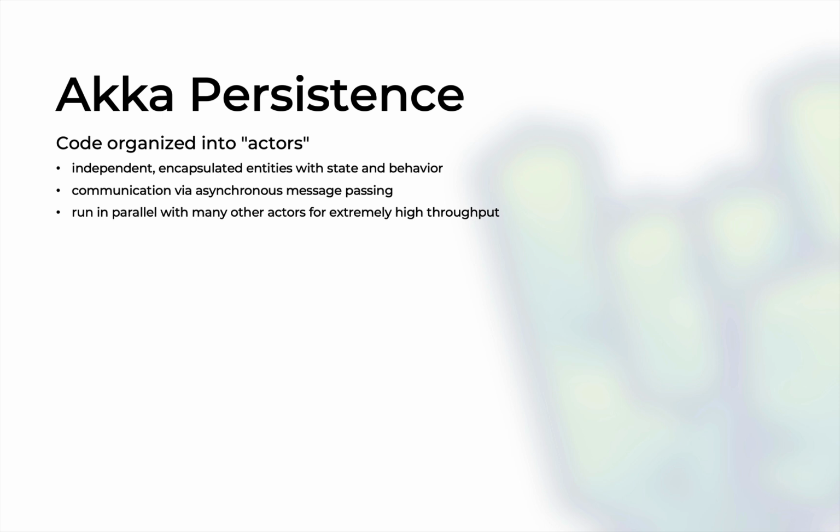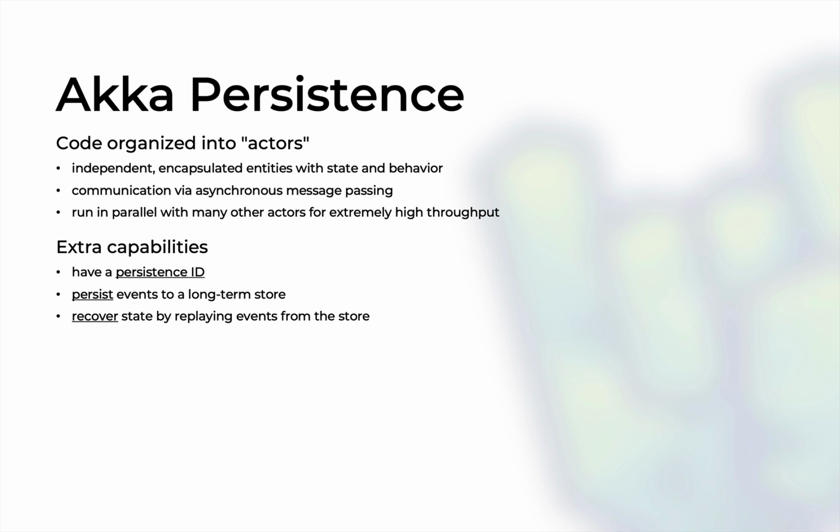Now, these are normal actors. We will use a special breed of actors called persistent actors, which come with extra capabilities. Every persistent actor will have a unique persistence ID, and this actor can persist events to a long-term store. So this can store events into a database such as Cassandra. A persistent actor will also be able to recover its own state by replaying events from the store.